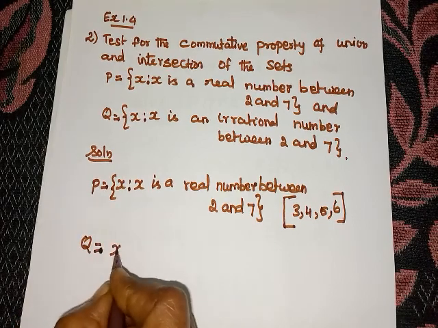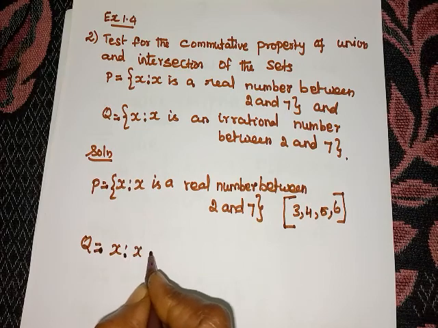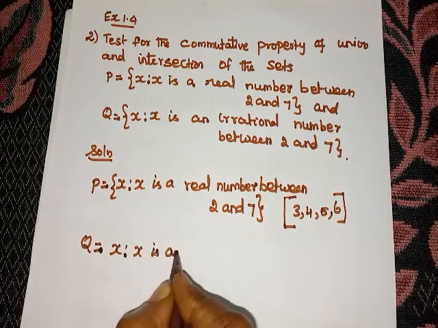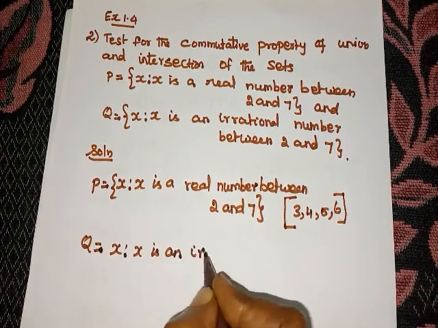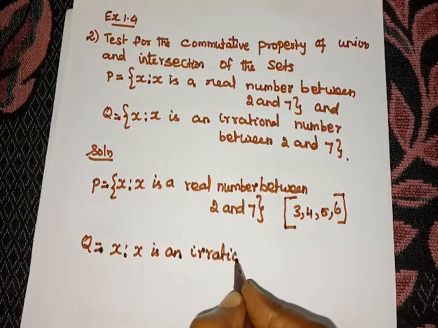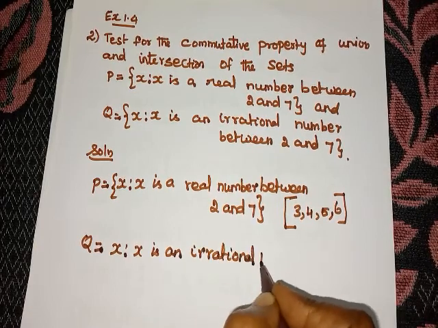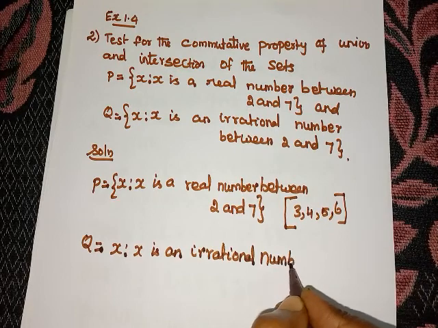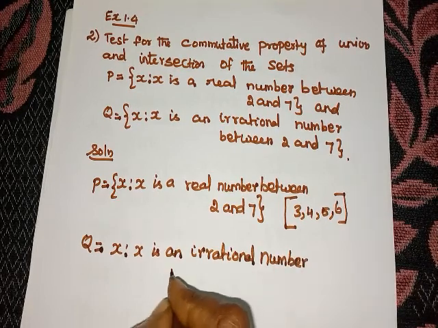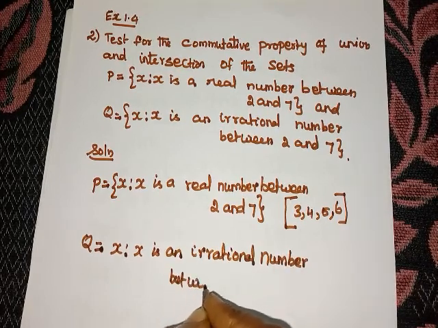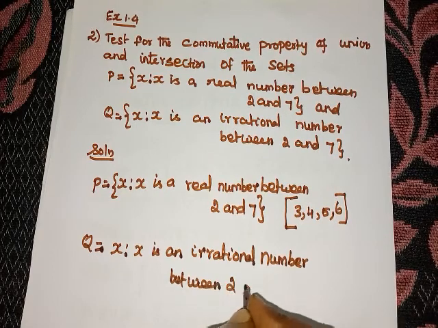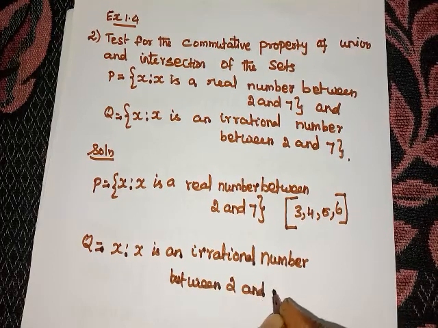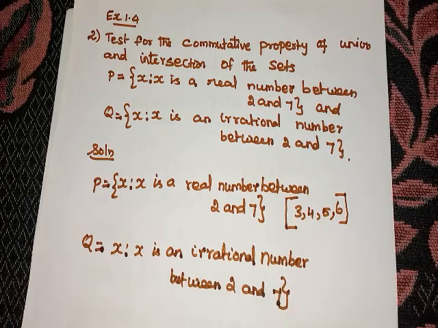Similarly, the Q set. Q is {X such that X is an irrational number between 2 and 7}. Here what are the values? Here also a specific number cannot be given, only approximate.